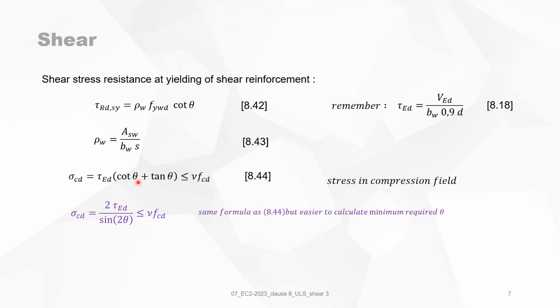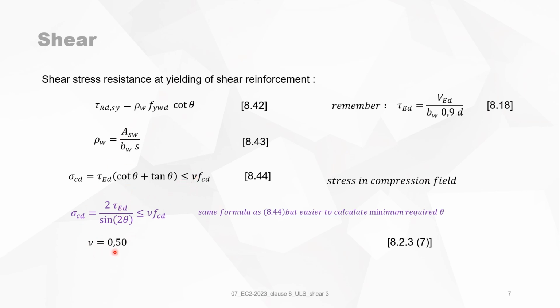Or you can make it easy. You can rewrite this formula in such a way that you can directly calculate the minimum theta that you need to fulfill the stress in the compression field. So it's just an easier way to calculate it.